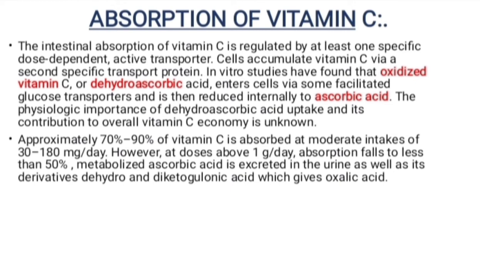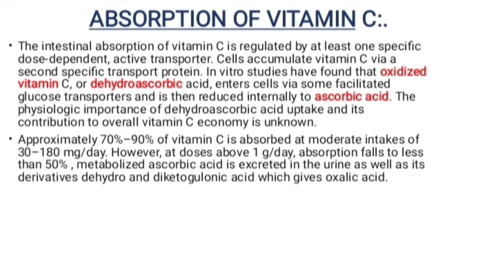In vitro studies have found that oxidized vitamin C, or dihydroascorbic acid, enters cells via some facilitated glucose transporter and is then reduced internally to ascorbic acid. The physiological importance of dihydroascorbic acid uptake and its contribution to overall vitamin C economy is unknown.